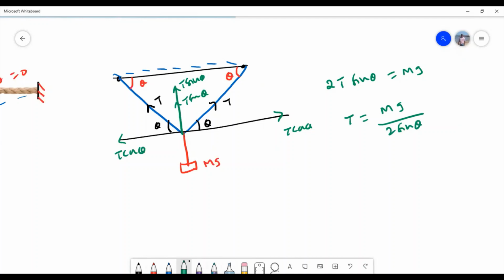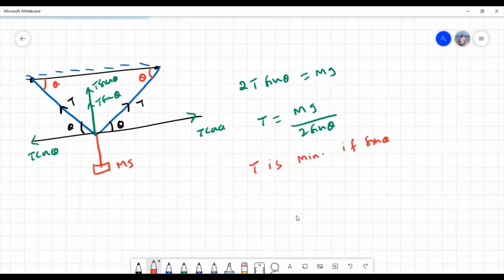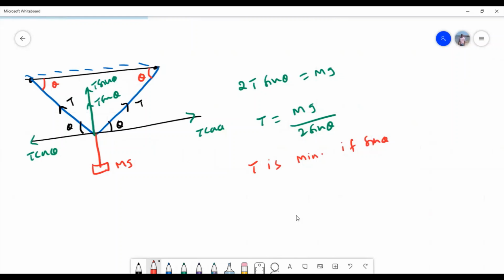Now listen, again the same logic. Here T is minimum if sin theta is maximum. See, sin theta is maximum.